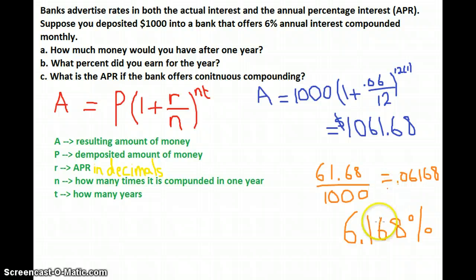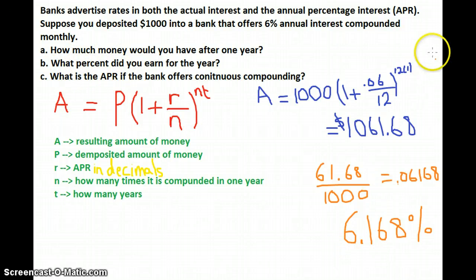Because that was in decimal form, I go back to percent form. So at the beginning I was in percent, I went to decimal. Here I was calculating in decimals because that's what I converted to, and now I'm going back to percent because the question asked me for that.